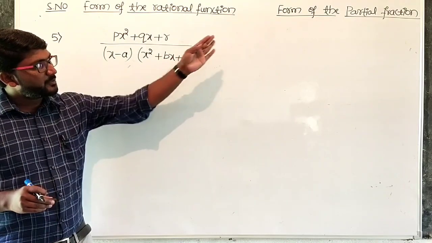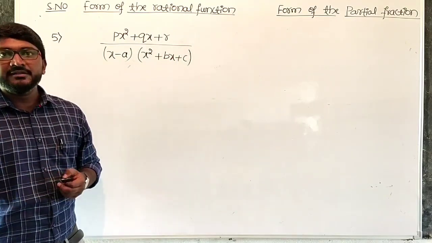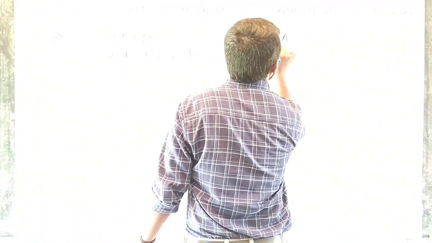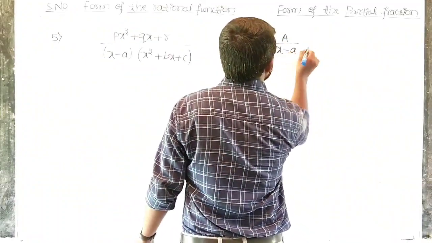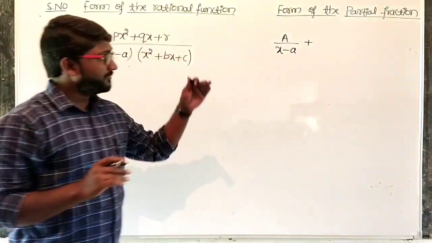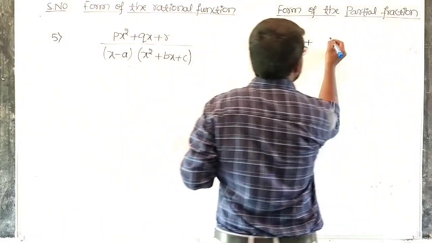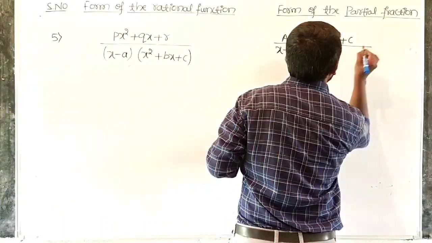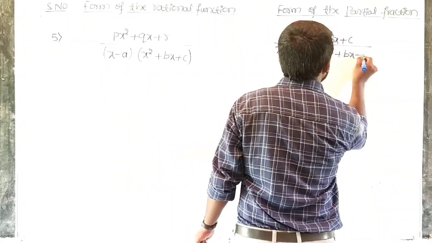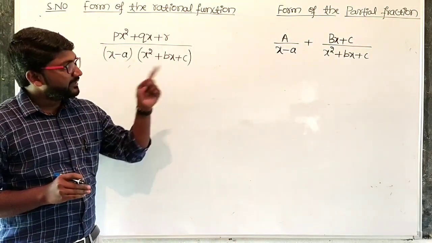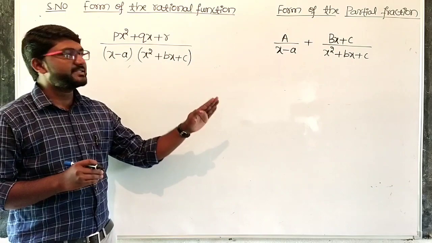So now its corresponding partial fraction form will change. Here A divided by x minus a plus now we have to write Bx plus C divided by x square plus bx plus c.